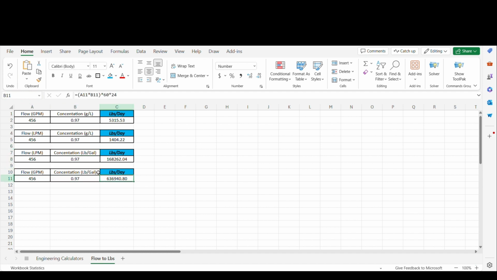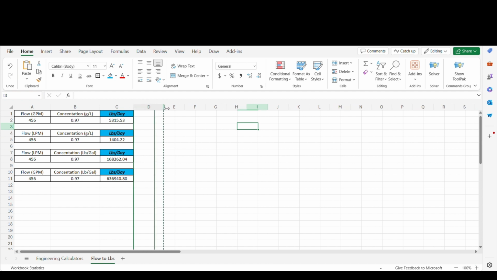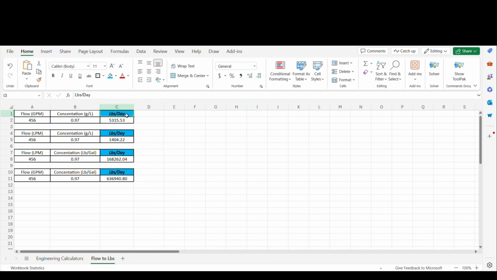So just very quick calculation right here. Again, if you wanted to change pounds per day into kilograms per day or something like that, you could very easily just swap over here, right?